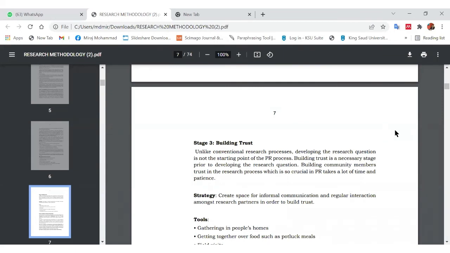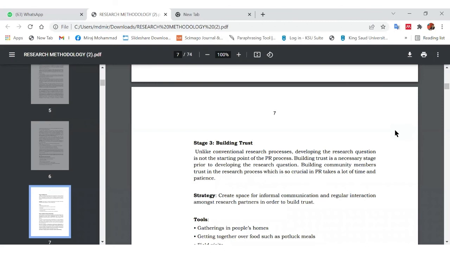So unlike the conventional research process, developing the research question is not the starting point of the participatory research process. Building trust is a necessary stage prior to developing the research question. Unless people trust you, unless people like you, unless people understand the reason why you want to go ahead with this.